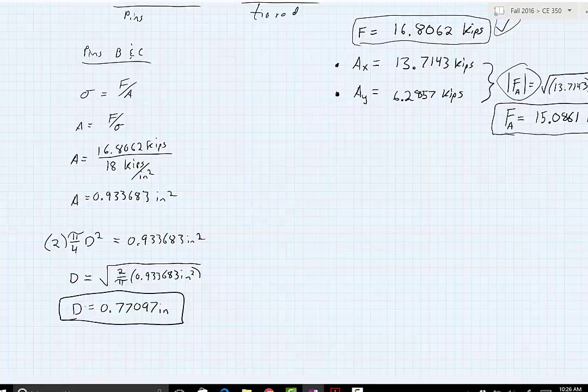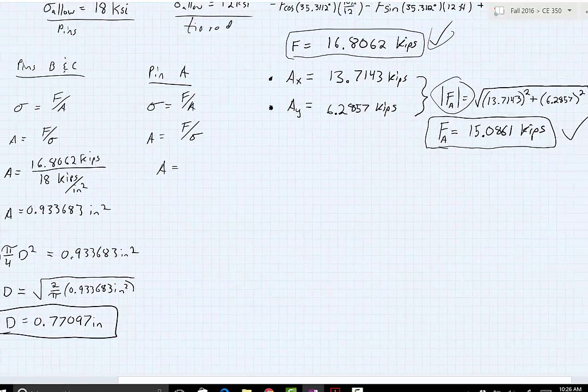So let's do the pin at A. It's the same process, but instead of being double shear, pin at A is single shear. So pin A, same process. We have stress equals force over area, area equals force over stress. And so our area then equals, in this case, the force isn't our 16, it's 15.